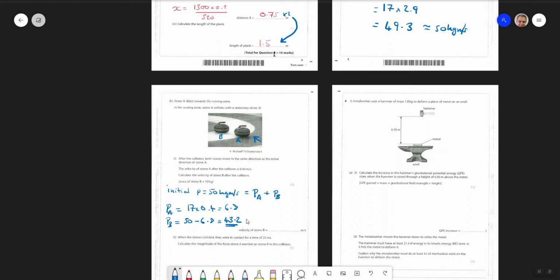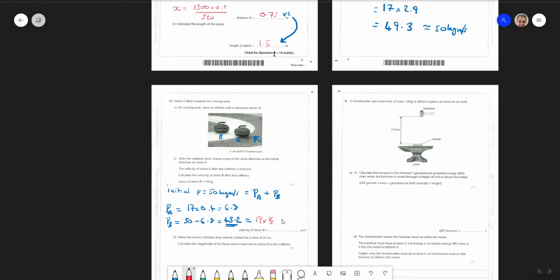And we know that that equals the mass of B times the speed of B. That equals 19 times the velocity of B, and so we have 43.2 over 19.